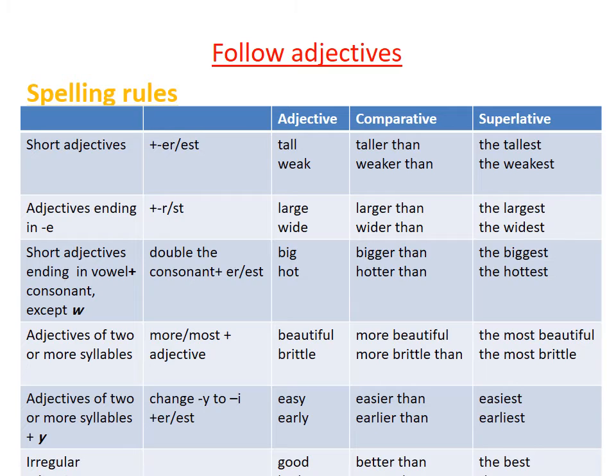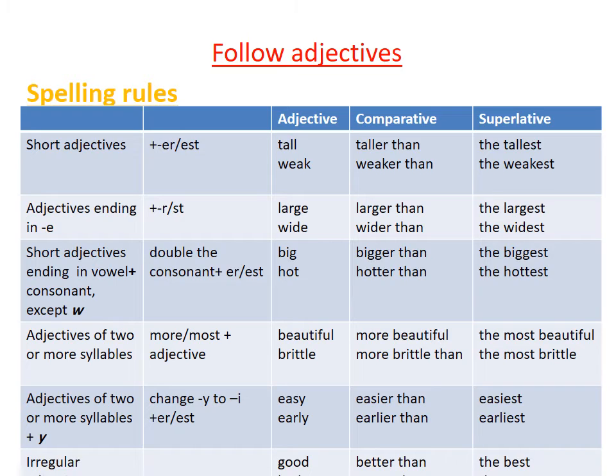It ends with G. G is a consonant, and it is preceded by one vowel, the I. So before you add ER you have to double the consonant, the G. Bigger than. Same idea when I add EST in the superlative adjective: we double the last consonant, GG EST.